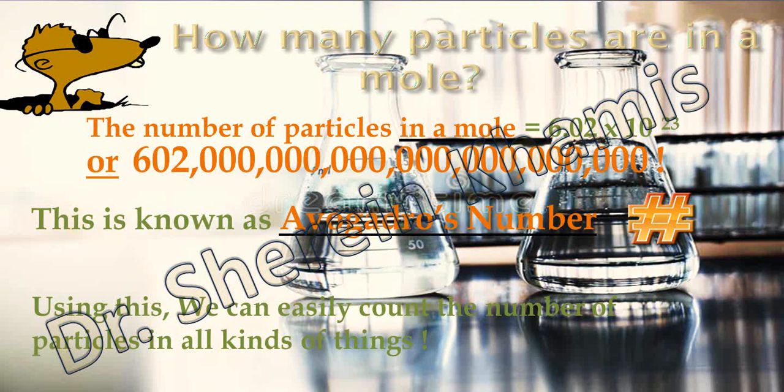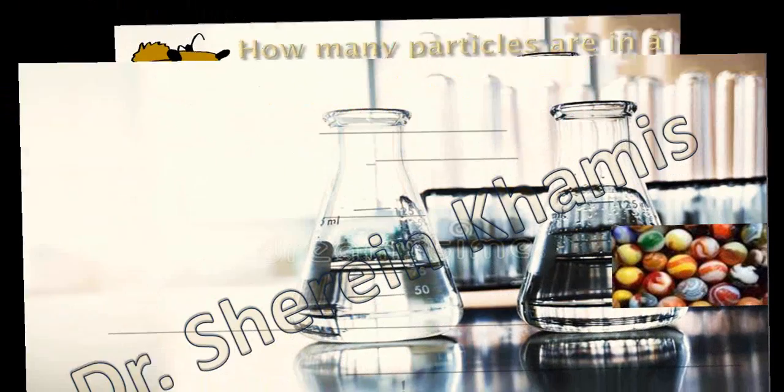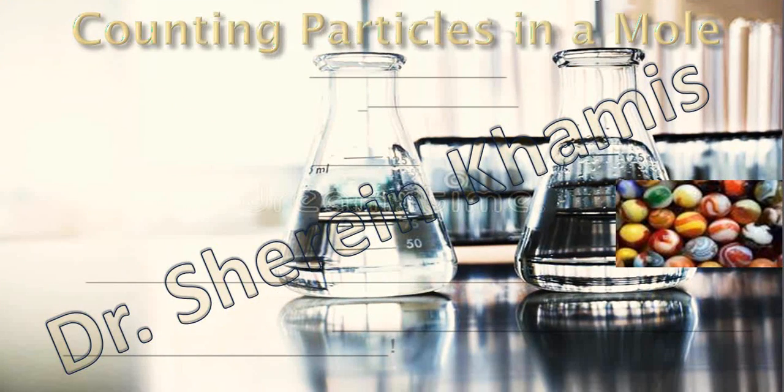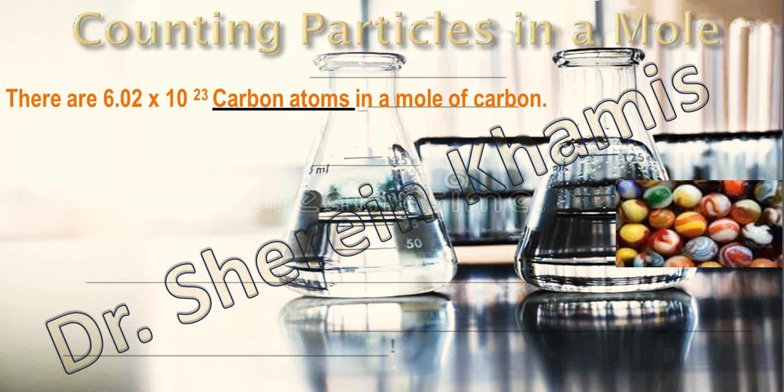So using this number, we can easily count the number of particles in all kinds of things around us. We can measure it easily by this unit, which we call what? Mole, or Avogadro's number. If we want to count particles in a mole, suppose we have carbon atoms.